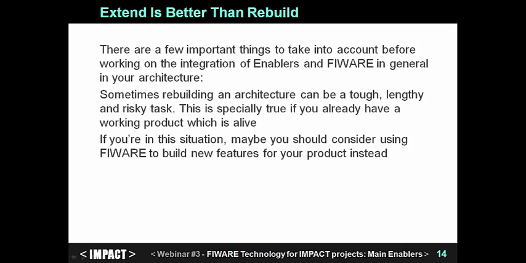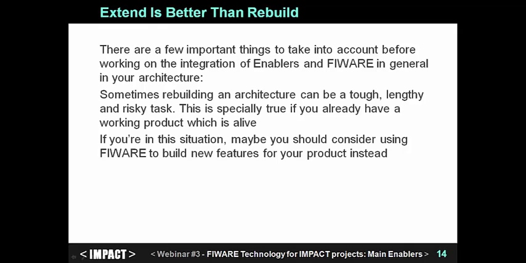So I don't know, maybe you were having some feature planned on your product roadmap, and it was planned for 6 months from now, and you were counting on this time because you needed to develop the basics for this new feature. Well, maybe you can find some enabler that helps you streamline this development, and that would be a good situation to go.